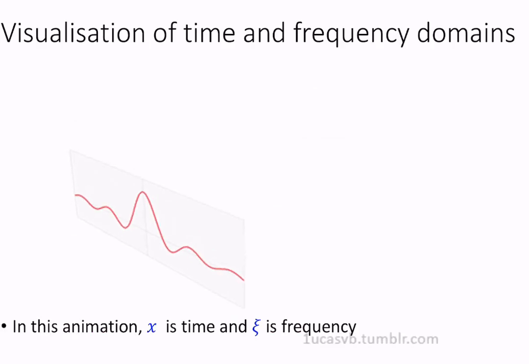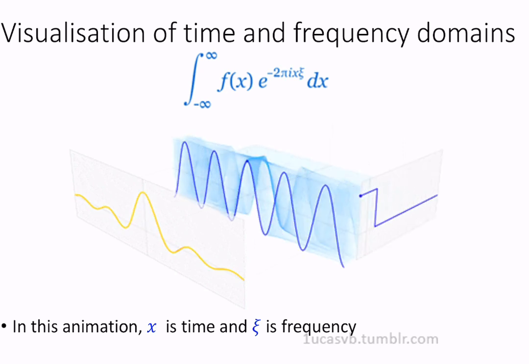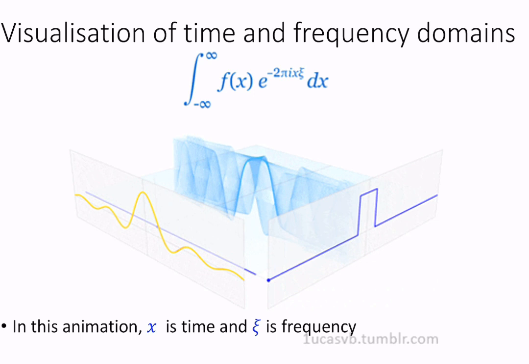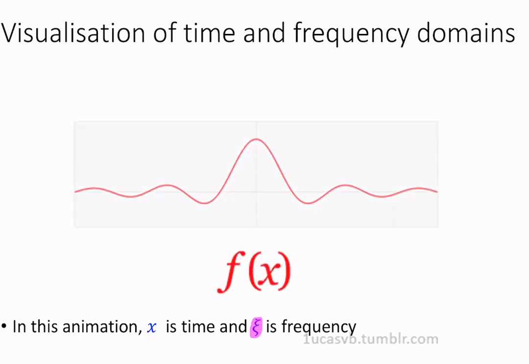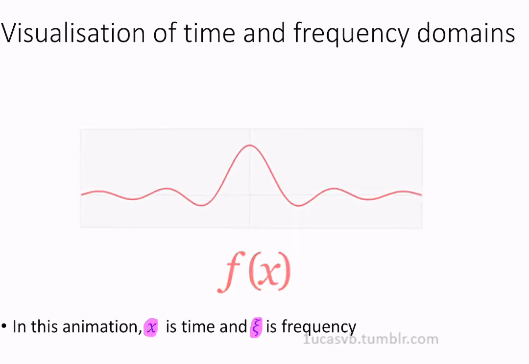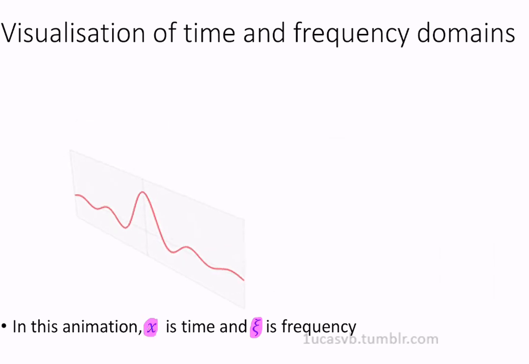So bear with me, this is a strange visualization. If you're able to follow it, that's fine. If you're not, just ignore it. And that applies to 5 or 6 slides in today's lecture. So what we have is a frequency domain, or a frequency variable, and a time variable. So you have your red signal in time.